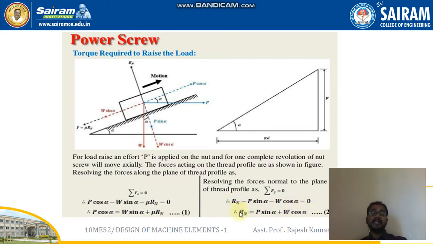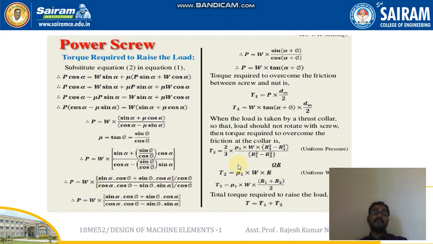Keeping the positive term on one side and taking the negatives to the other side, Rn equals P sin alpha plus W cos alpha. Let me call the horizontal resolving forces equation 1 and the vertical resolving forces equation 2.